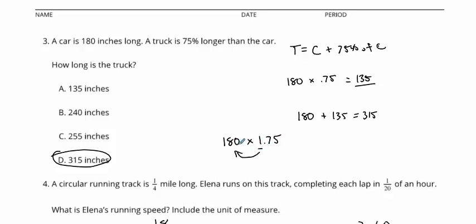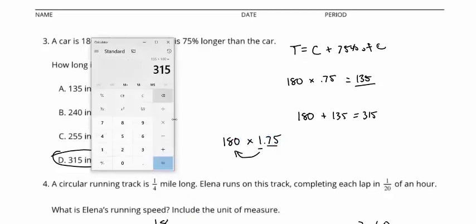Because 1 times 180 is 180. And then we add on the 0.75, that would be 75% more than the whole. So 180 times 1.75 is also 315.